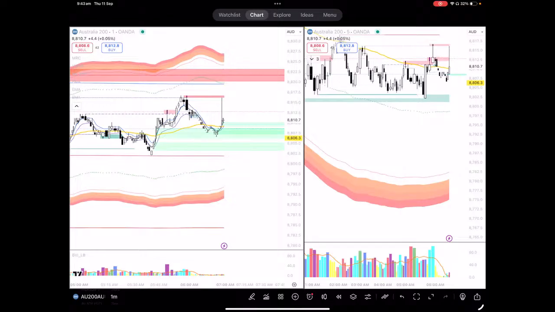For people who don't know what Australia 200 index is, it's an index that represents the growth of the top 200 companies of Australia. So when they combine, they tell us the everyday growth of how they're performing overall.